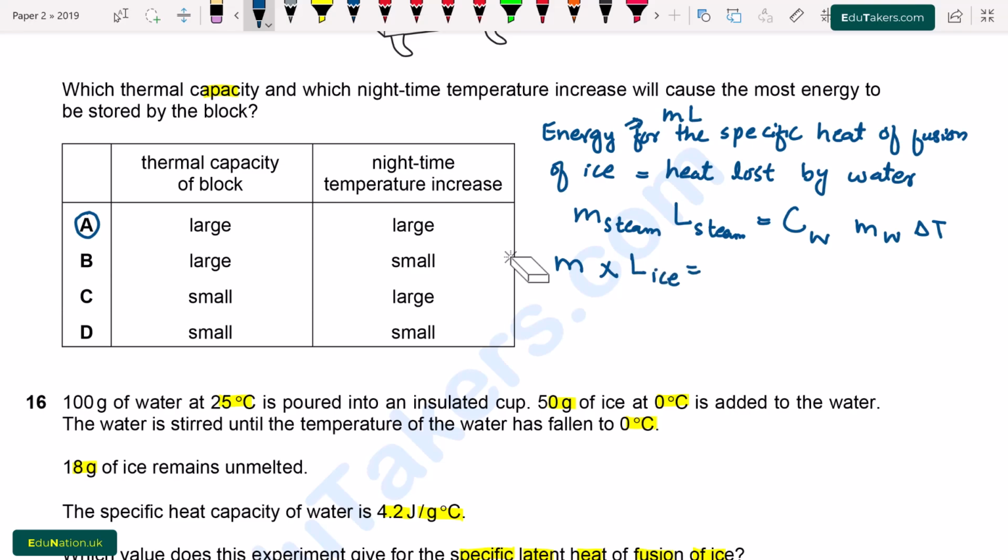It will be equal to C, that is the specific heat capacity of water, 4.2, multiplied by mass. Mass is 100. The change in temperature is from 25 degrees C to 0, so it will be 25 minus 0. Mass of ice is 50 minus 18, because the 18 gram of ice remains unmelted. So it will be equal to 4.2 multiplied by 125.